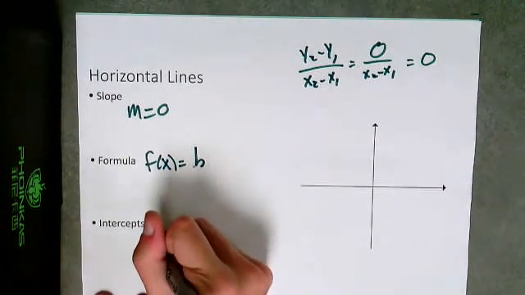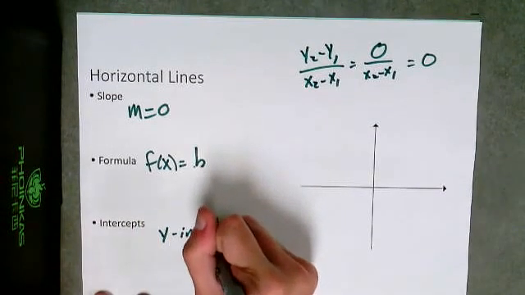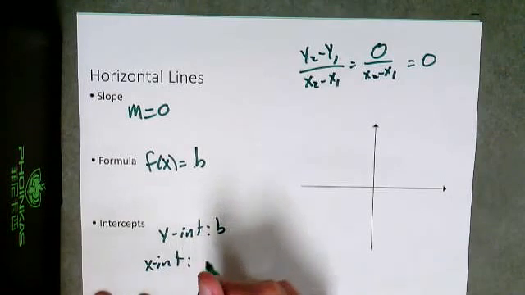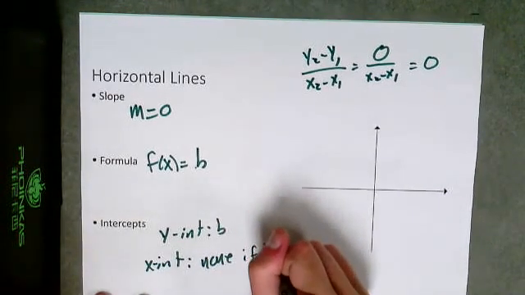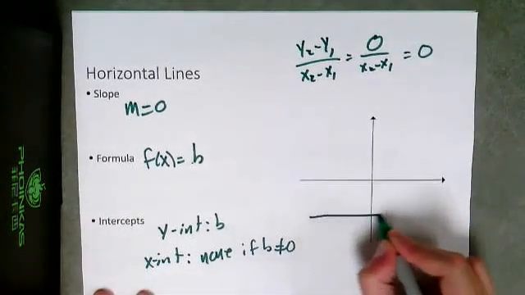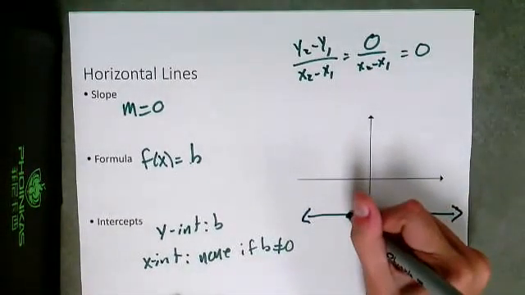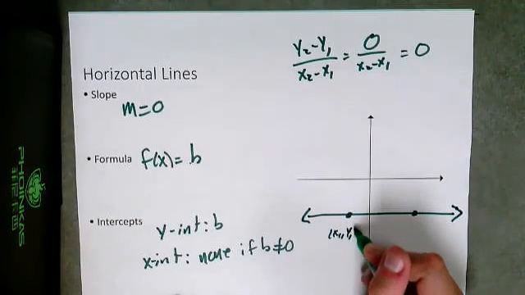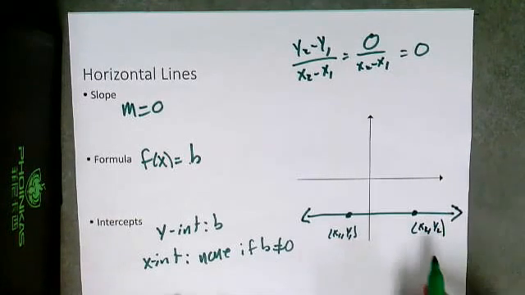Its intercepts are: y-intercept, well, that's obviously going to be at b. And x-intercepts, we're not going to have any, if b does not equal 0. So for instance, if we look at this, pick any 2 points, x1, y1, x2, well, y2.